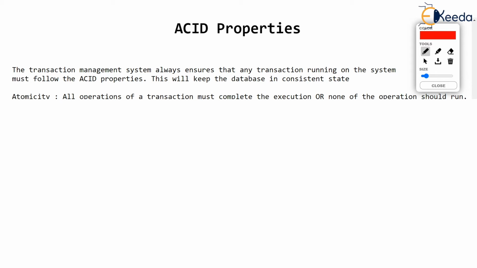Now what the isolation property says is that if T1 is running concurrently with T2, T3, T4 and Tn, then T1 should not even be aware that the other transactions are executing. That means the existence of any number of transactions should not make T1 aware that there are some transactions running with it.